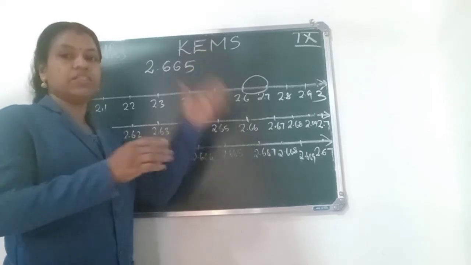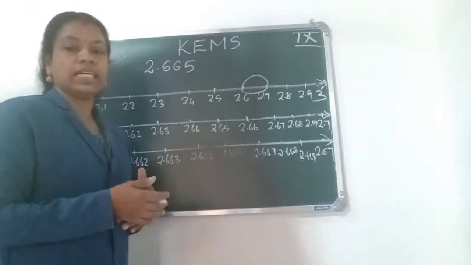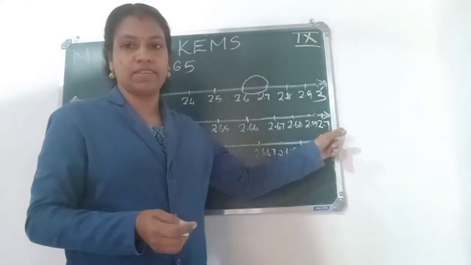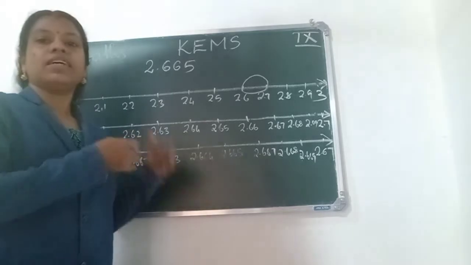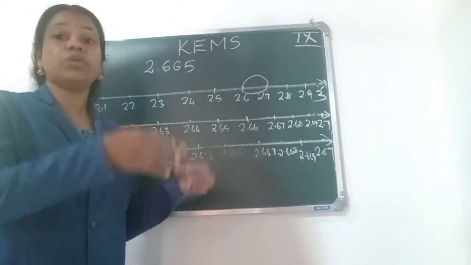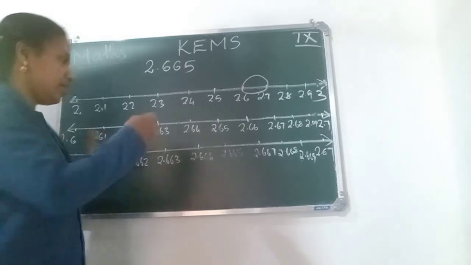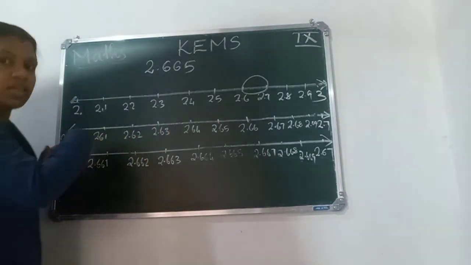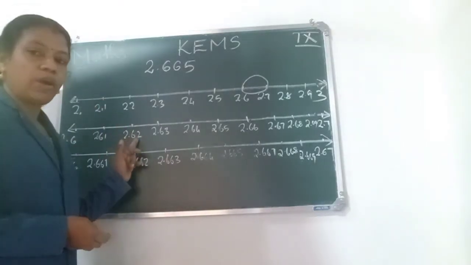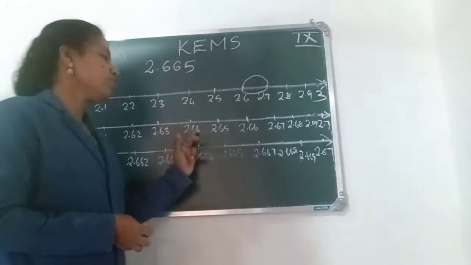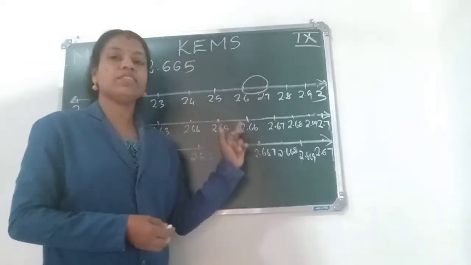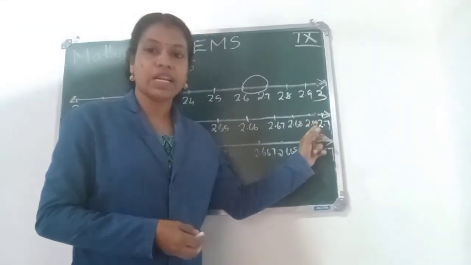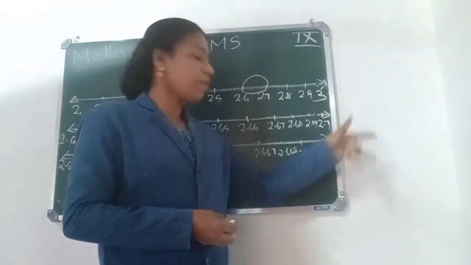Again divide this number line into 10 equal parts. First point 2.6, then 2.61, 2.62, 2.63, 2.64, 2.65, 2.66, 2.67, 2.68, 2.69 and 2.7.